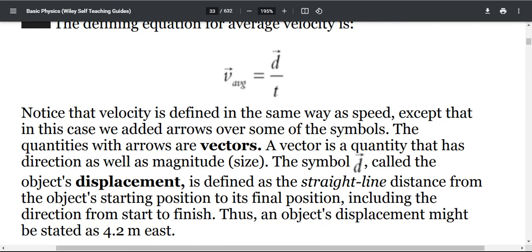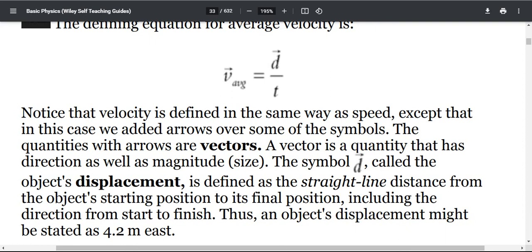A vector is a quantity that has direction as well as magnitude, size. The symbol d with an arrow over it is called the object's displacement.